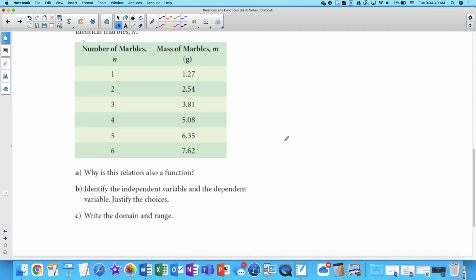That is satisfactory, but a better answer is to say there's only one mass associated with each unique number of marbles, because that really gets at the crux of the definition of function.